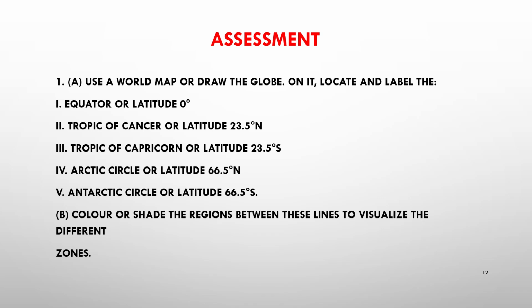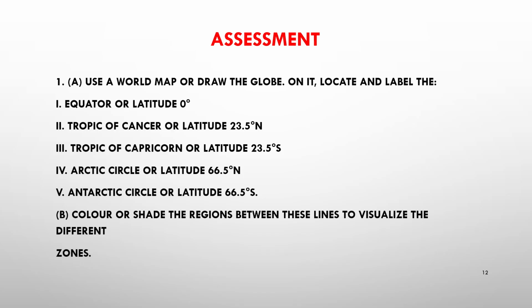Then number 4, the Arctic Circle or latitude 66.5 degrees north. Okay, and then the Antarctic Circle, 66.5 degrees south. You draw the globe and carefully mark out these important lines.